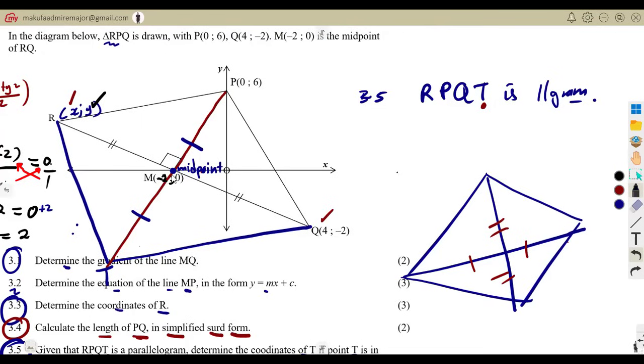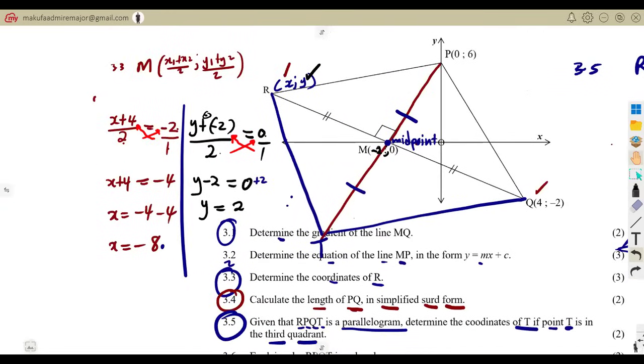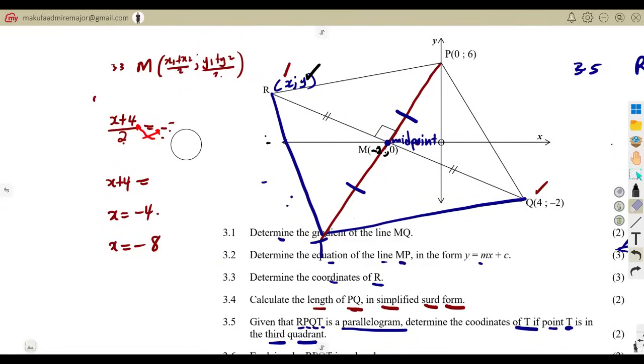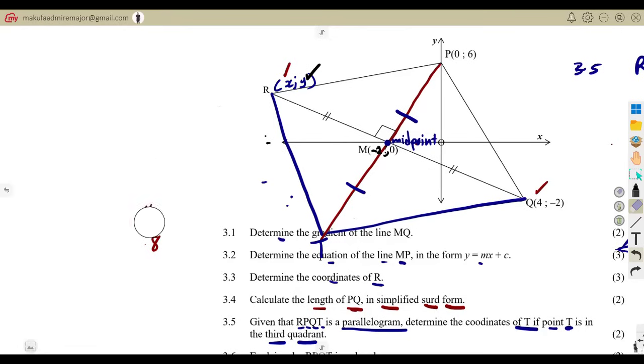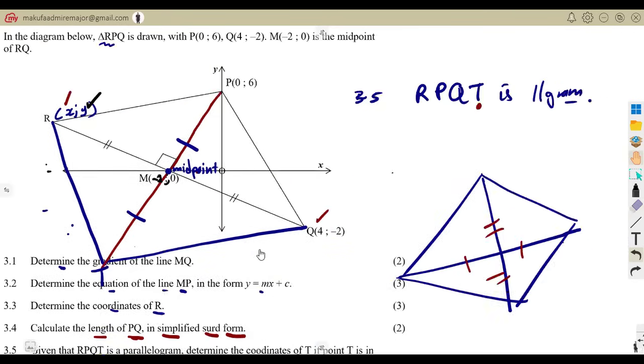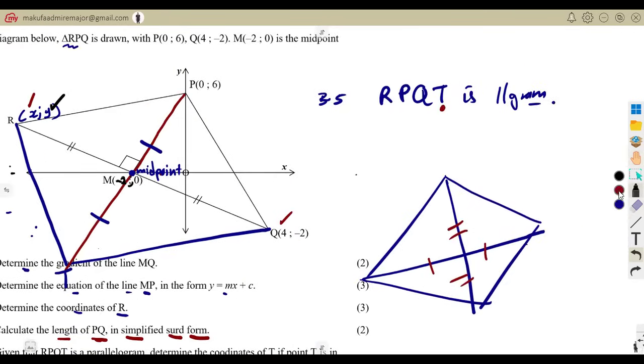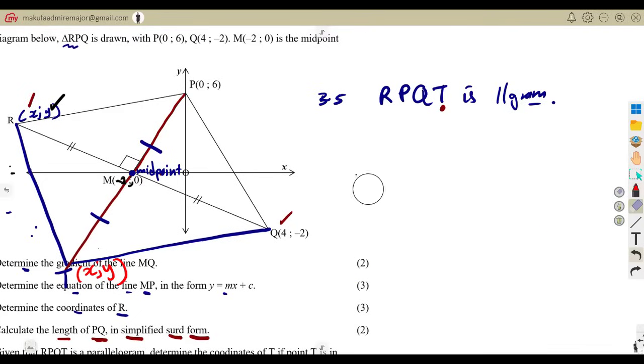Remember our point M. Using the midpoint concept, just like how you calculated the point R, it is the same idea on this question. Let the point T that we want to calculate be referred to as x, y.